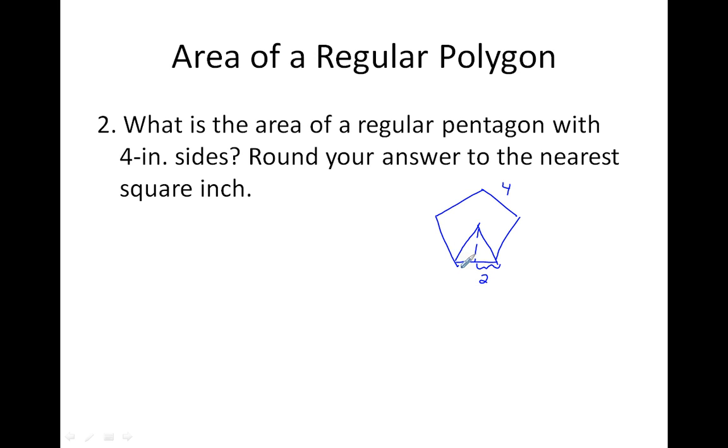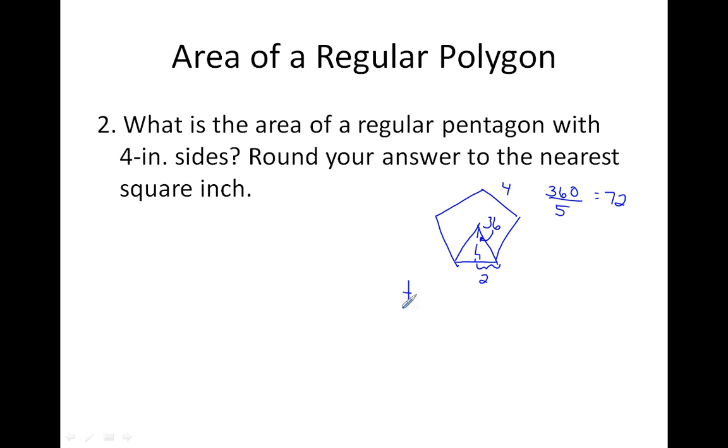I'm still looking for my apothem, so again I'm going to use tangent, but I need to find this angle right here. To find the whole thing, I do 360 divided by 5. When I do that, I get 72. Take half of that, this angle is 36 degrees.